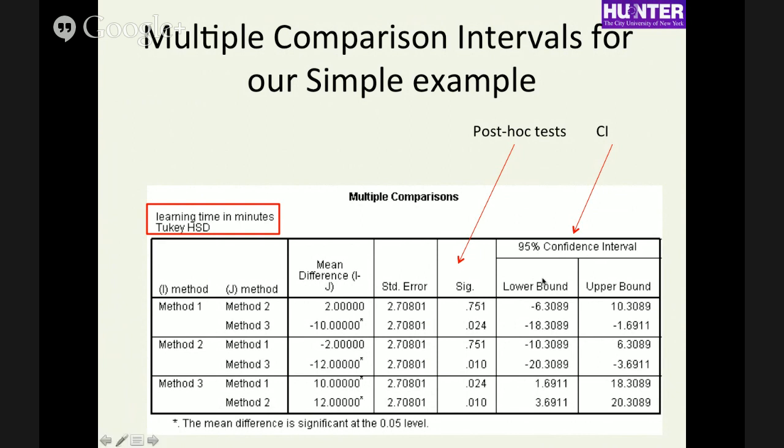Alternatively, the other way is with the confidence intervals. These are confidence intervals on the difference in means. So the difference in means between 1 and 2 is 2, and then the margin of error is about 8.3. So the upper bound on the confidence interval is 2 plus 8.3 is 10.3, and the lower bound is 2 minus 8.3 is minus 6.3.